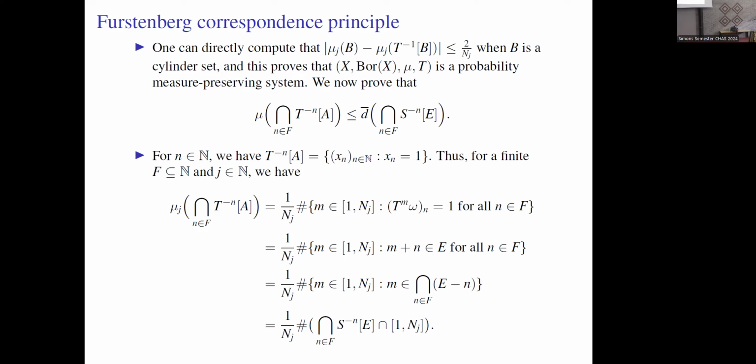And now we see that if we translate omega, this is the characteristic function of set A translated by n. So this means that n plus m must belong to E, for all n in F. But this means that the intersection contains elements from here. And now we see that this is precisely equal to this average.